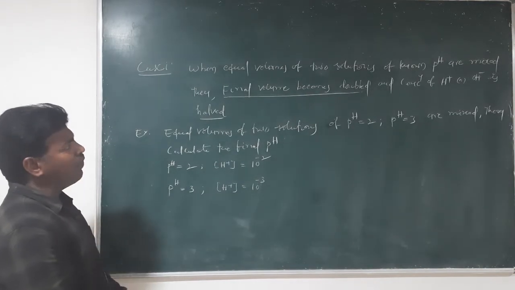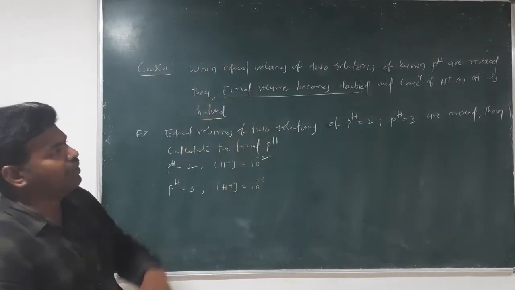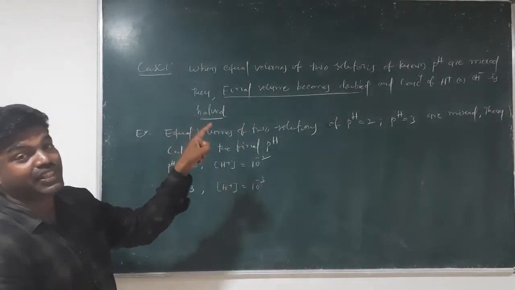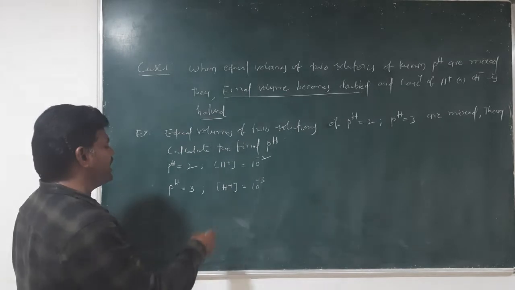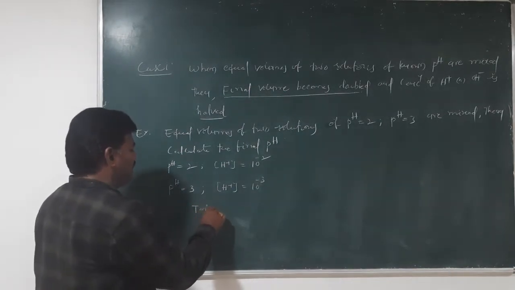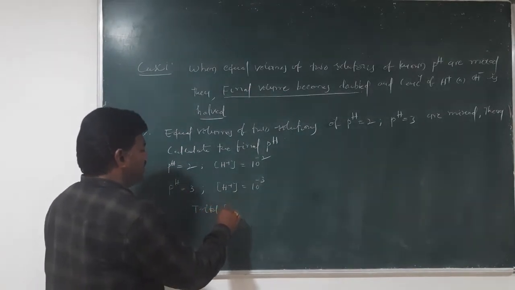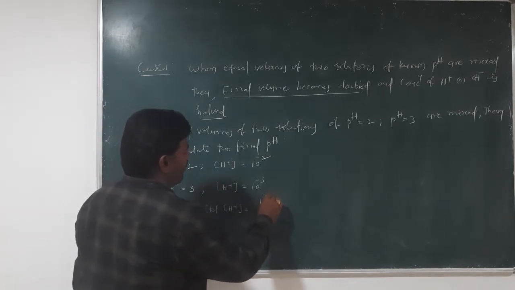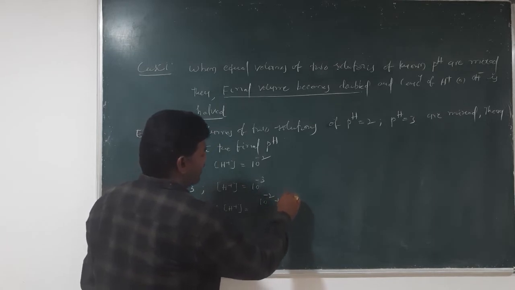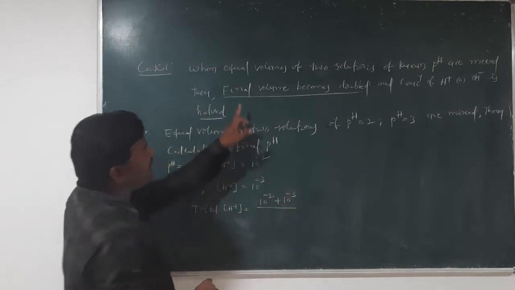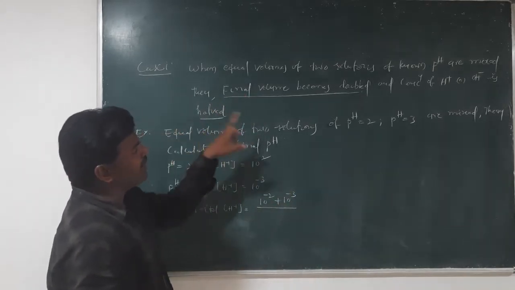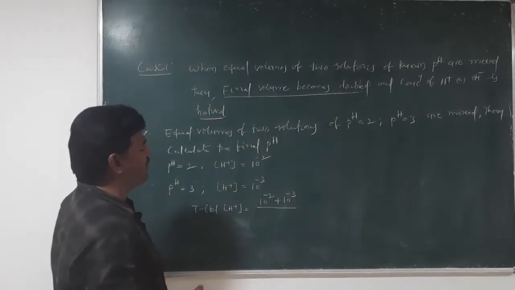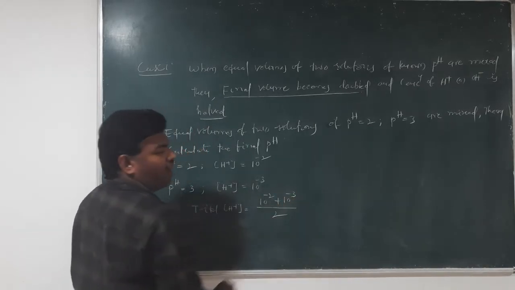The final volume becomes doubled and the concentration is halved. So total H plus ions is 10 power minus 2 plus 10 power minus 3, halved, that is 1 by 2.